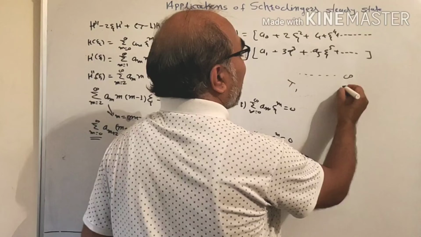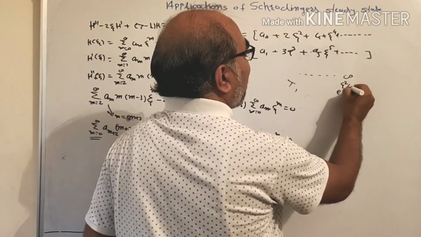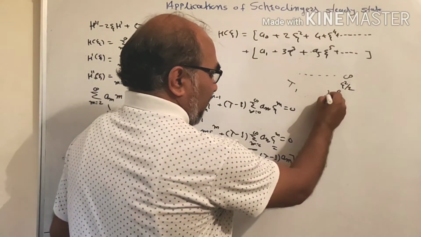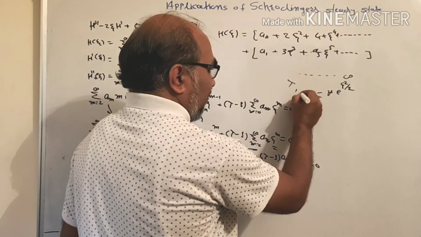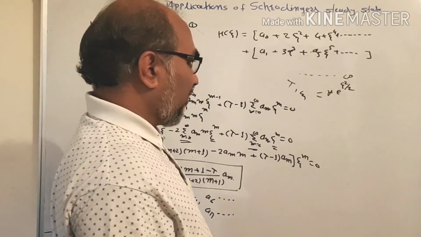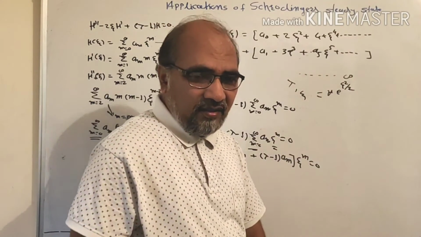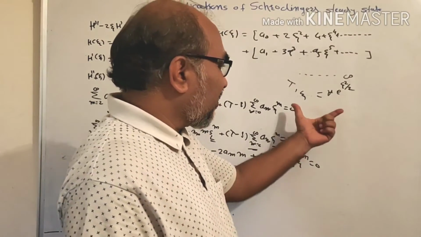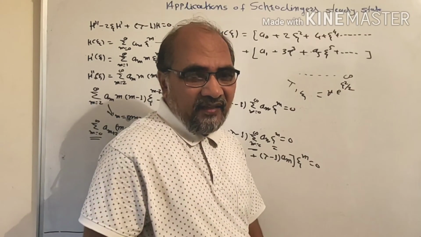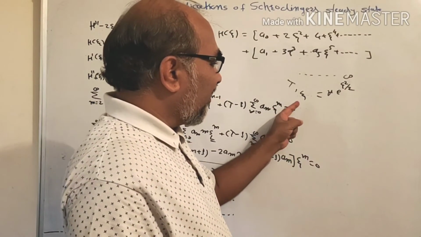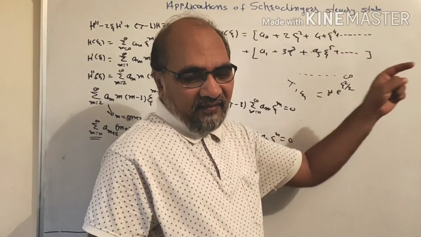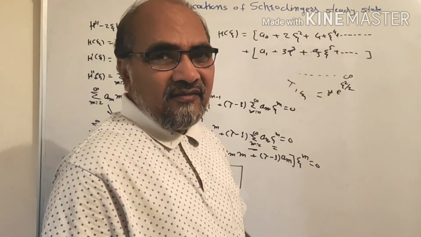It behaves like e raised to zeta squared by 2, so h of zeta psi is equal to a e raised to zeta squared by 2. This is the unacceptable solution we are getting.